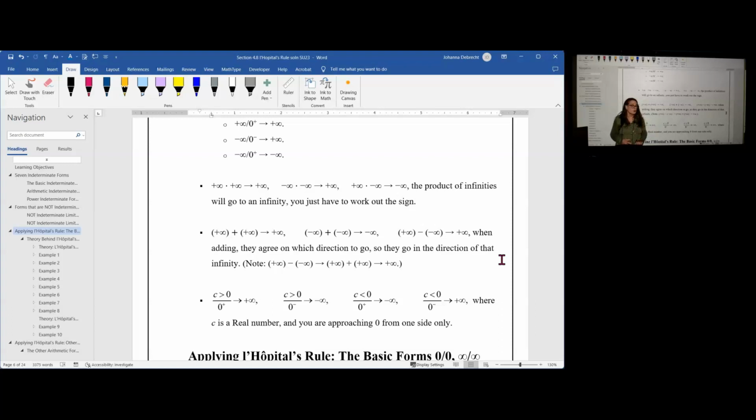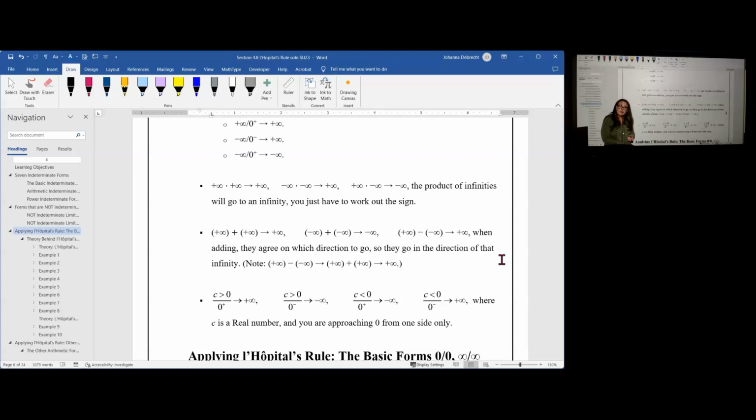That is indeterminate. We have a last set that is determined, and that's when the numerator is a constant, like 5, and the denominator is approaching 0. It's not at 0, but it's getting close to 0. If we have a positive constant and we approach 0 from the right, it goes to positive infinity.